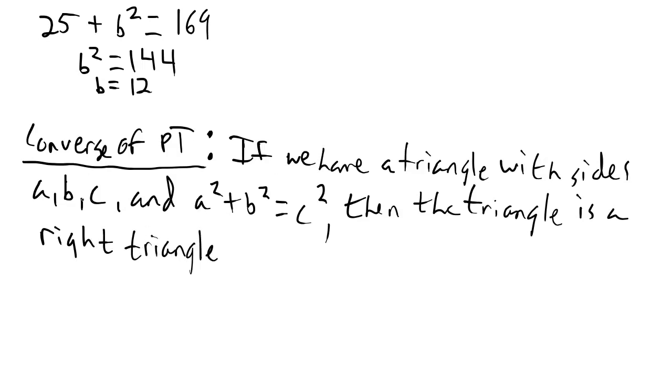So this is just the flip of the Pythagorean theorem. If we have a triangle and the sides a squared plus b squared equals c squared, then we know that triangle has to be a right triangle.